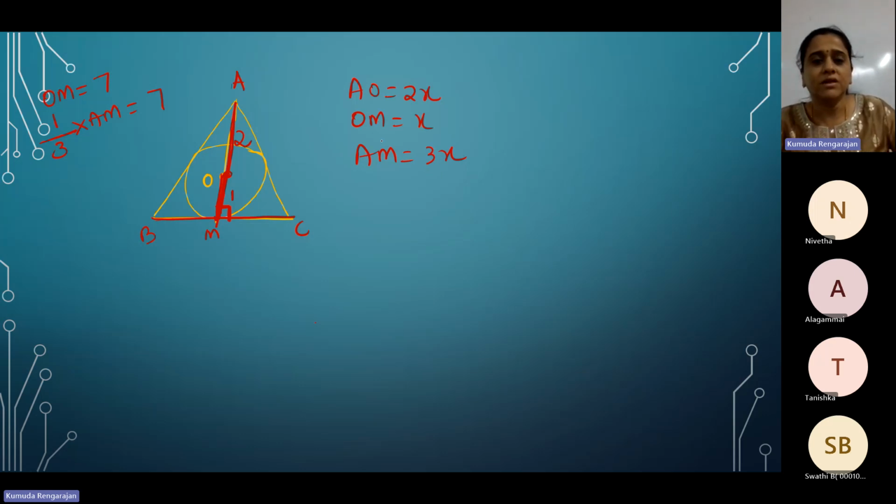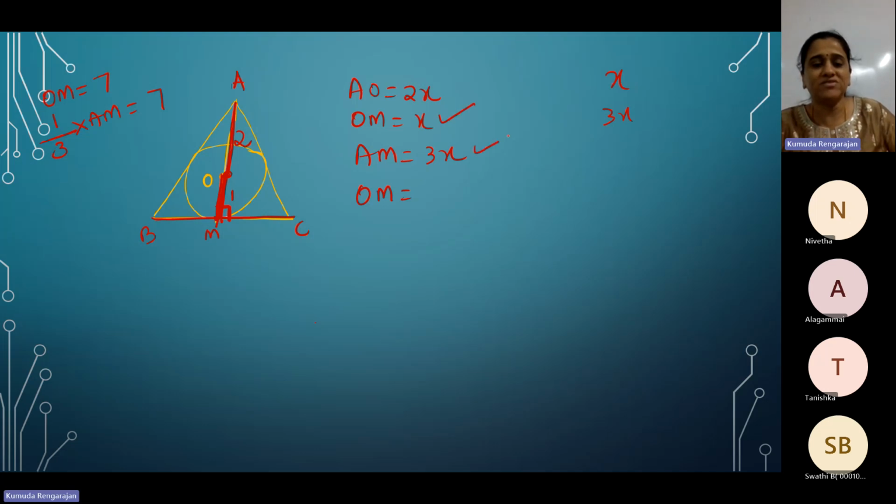Now, how do you express OM in terms of AM? OM is x, and AM is 3x. So OM is 1/3 of AM.